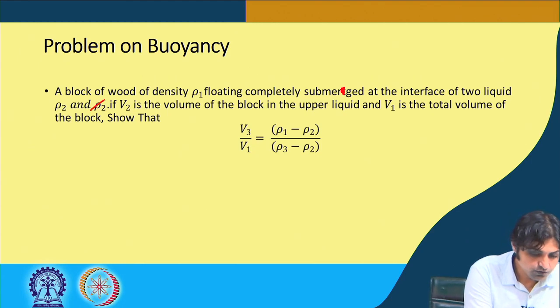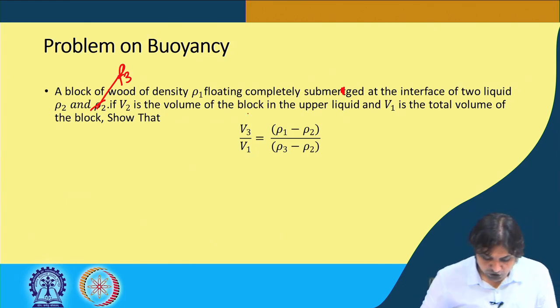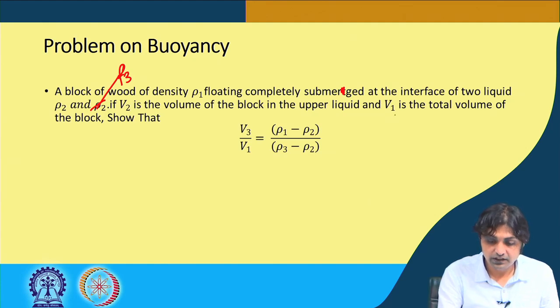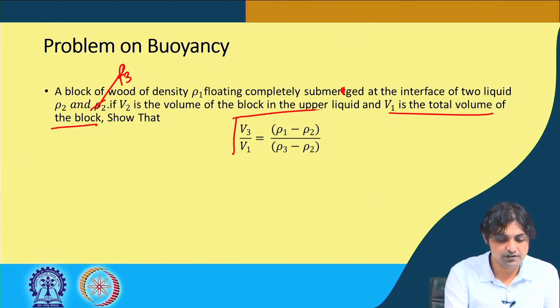So it should be rho 2 and this should be rho 3. I am very sorry for this typing error. If V2 is the volume of the block in the upper liquid, and V1 is the total volume of the block, we have to show this equation.